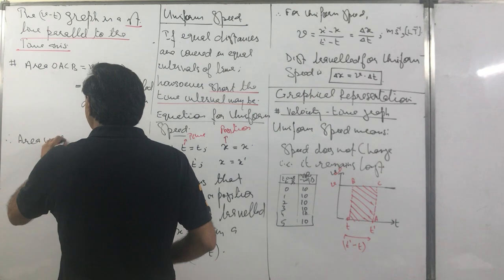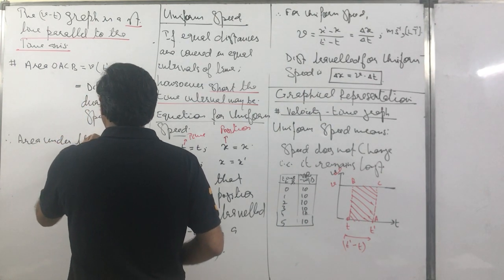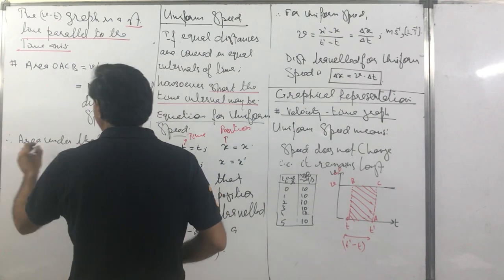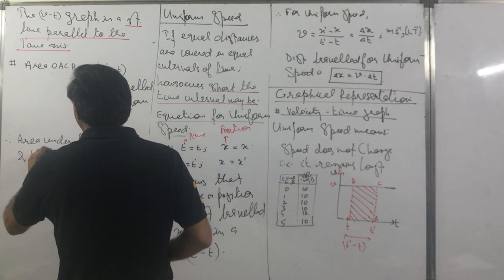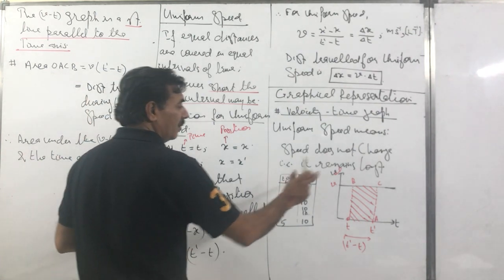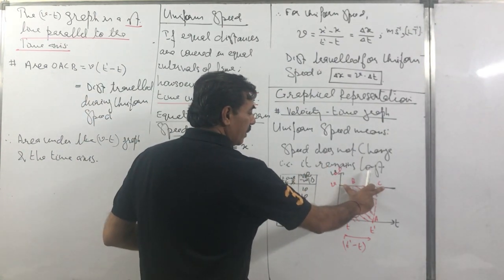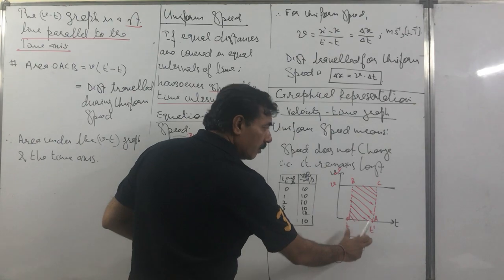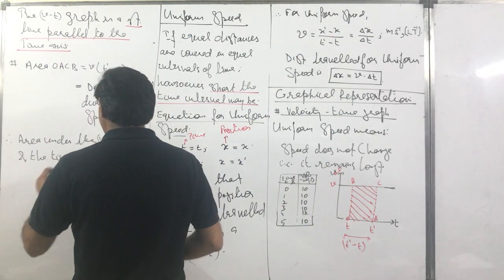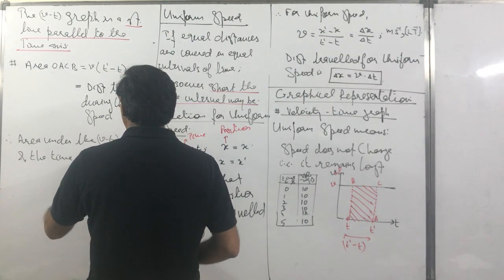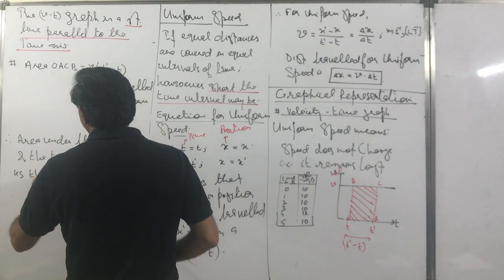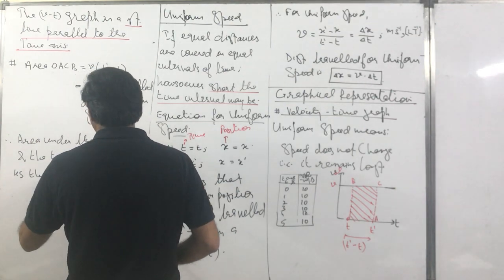Area under the VT graph and the time axis gives us the distance traveled.